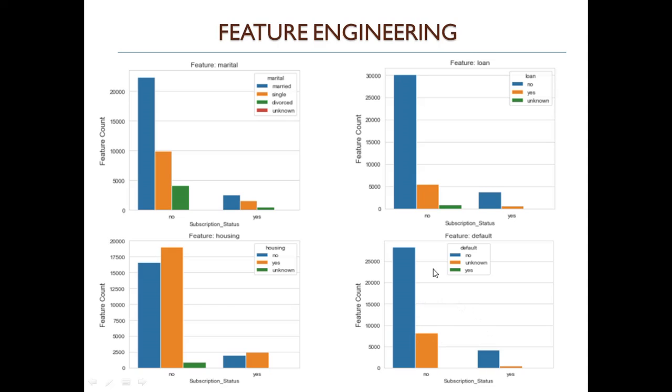Another thing to note here is that, at least based on the visualization, there is no yes class. There is no yes category. So the feature essentially doesn't have information content, since all the entries are under the no category. So it is redundant, and we are also going to drop the default feature based on this exploratory analysis.